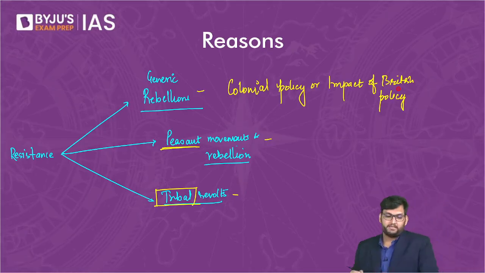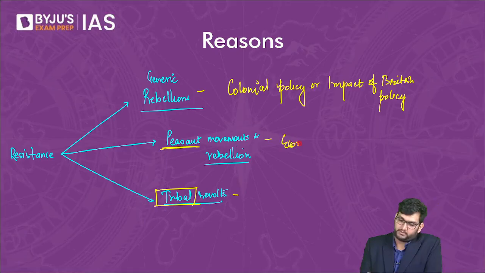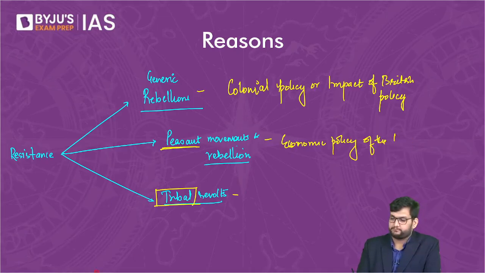On the other hand, peasants obviously are going to be impacted by the economic policy of the Raj. So you have, for example, land revenue settlements, commercialization, deindustrialization, drain, famines.